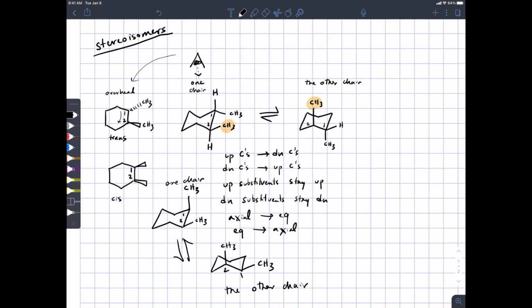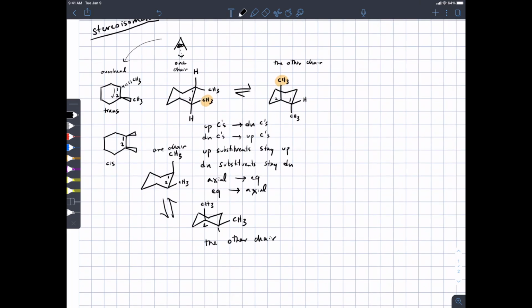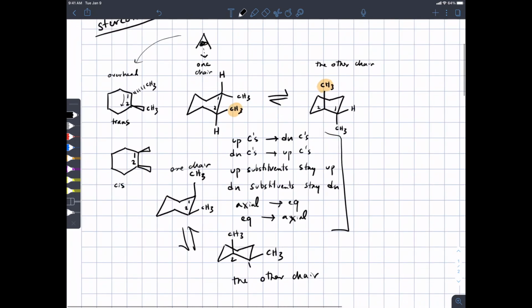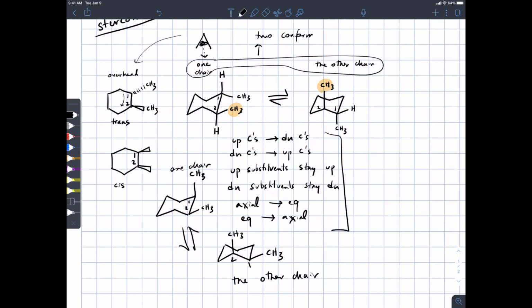But all right, so the chair rules are listed here, and you need to get good at that. Cis and trans are stereoisomers. The two chairs are just two different conformations of the same molecule.